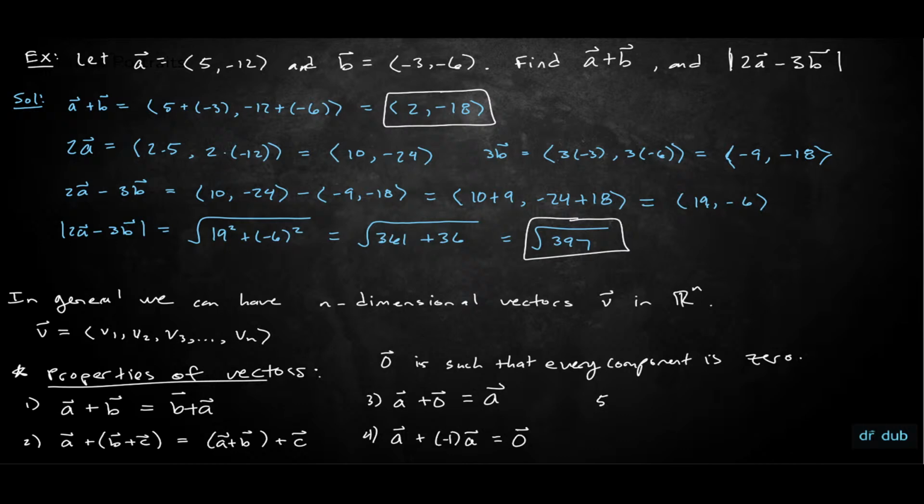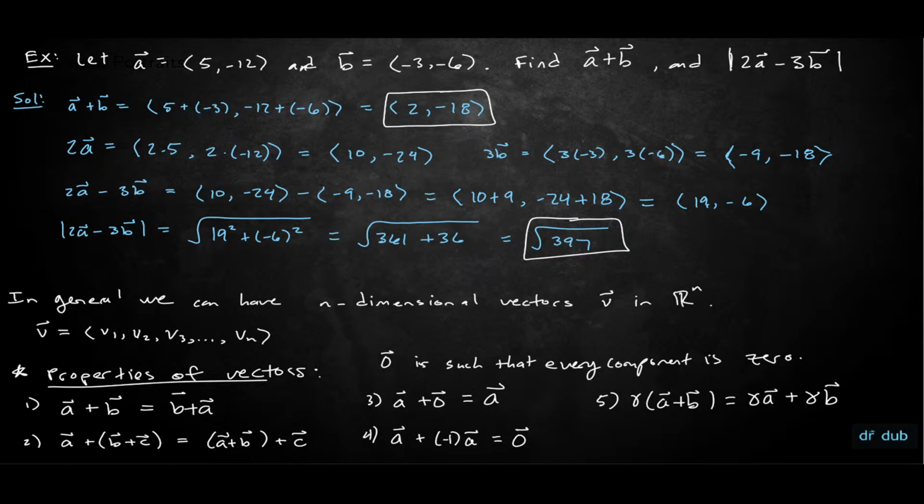Number 5 is that scalar multiplication distributes over vector addition. So we'll say gamma times a plus b is equal to gamma times a plus gamma times b. So here gamma is just a scalar.